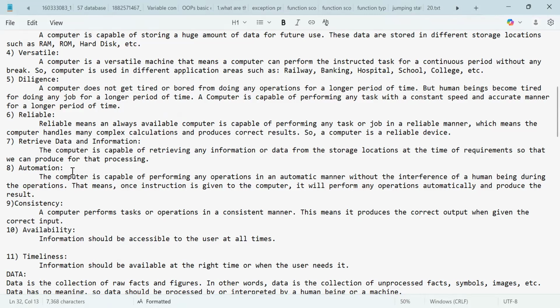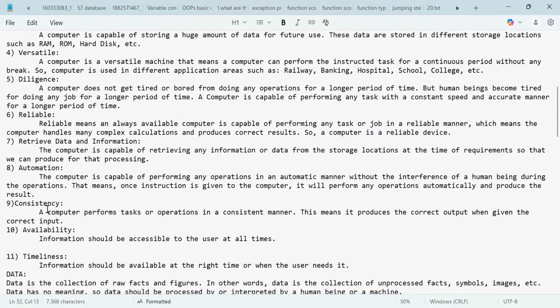And next one is automation. What is automation? The computer is capable of performing any type of work automatically, without the interference of a human being. One instruction is given to the computer, and it will perform the operations automatically and produce the results.